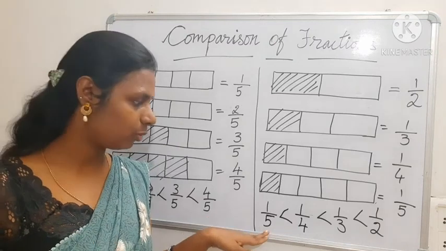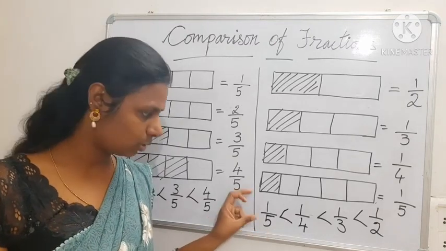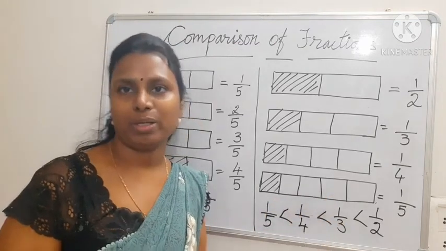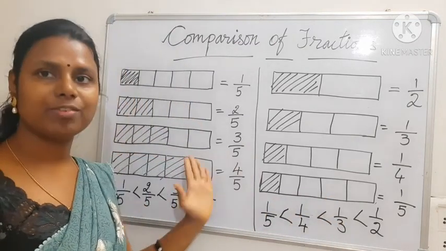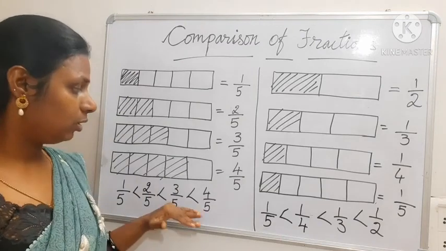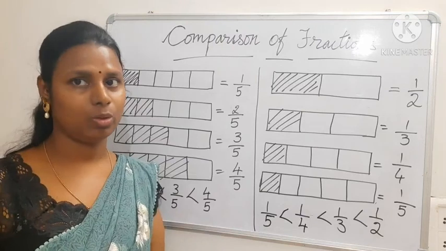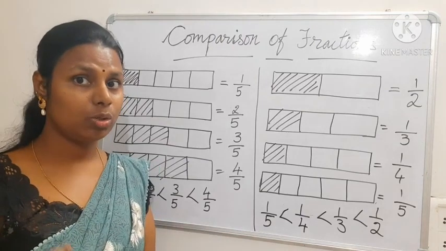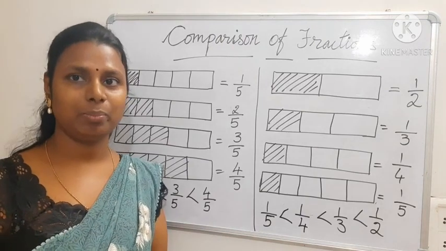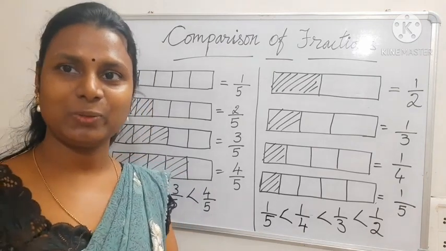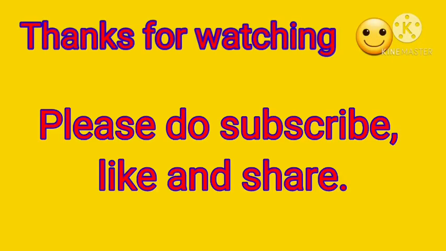So you have to write the biggest number as the smallest fraction first, then 1/4, 1/3, 1/2. Have you understood the difference between these two, different numerators and different denominators? Watch this video again and again, you will understand better. Then in the next video we will see the exercise. Thank you.